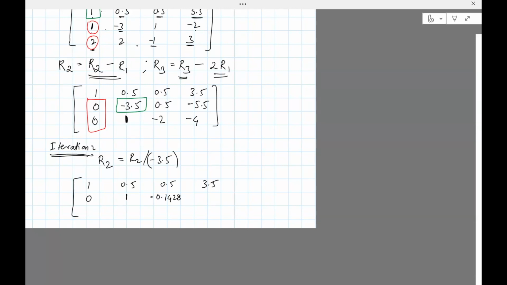And then minus 5.5 divided by minus 3.5 would be 1.5714. Okay. The third row is unaffected because the operations were only carried out on row 2. So 0, 1, minus 2, minus 4. Okay, so we've normalized the second row, second element.